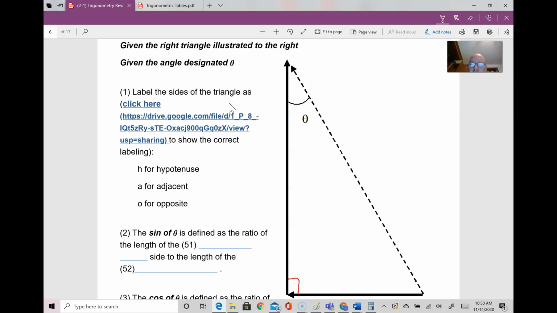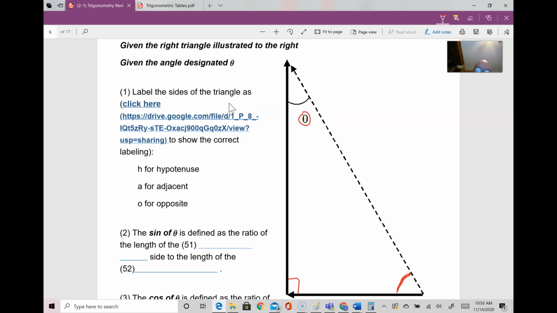My angle that I want to do this for is right here. Recognize if I chose this angle, my sides would be different. But we're choosing this angle right here, this theta, and I want you to label the sides of this triangle: H for hypotenuse, A for adjacent, and O for opposite.